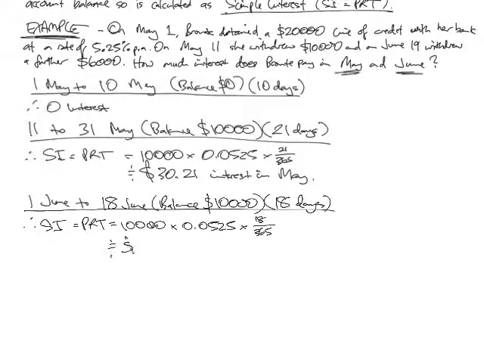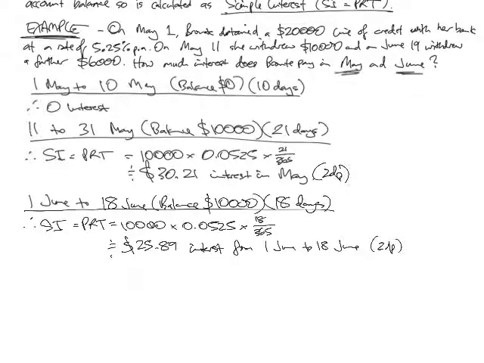That comes to $25.89. That's to two decimal places. Need to indicate that. Interest from 1 June to 18 June to 2 decimal places.